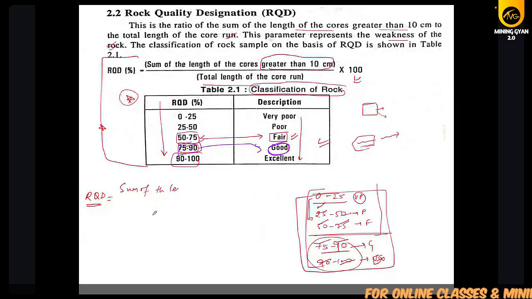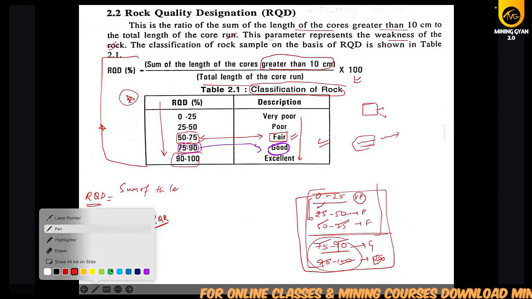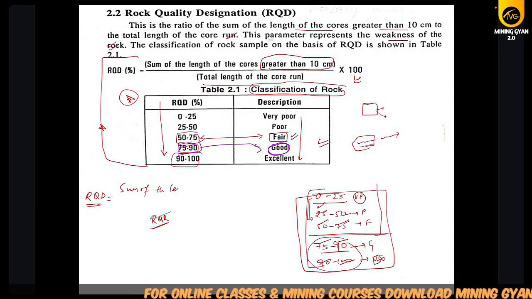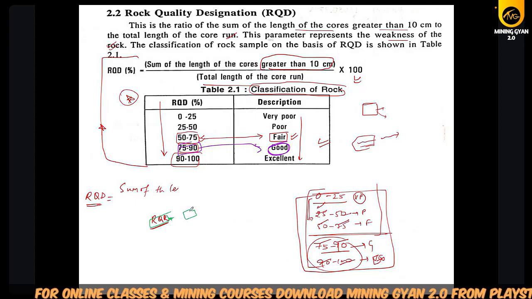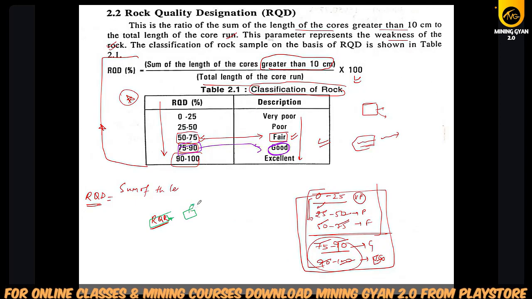Then we had discussed the RQD, rock quality designation. You should remember the RQD. What is the RQD? We take a sample and consider those lengths which are greater than or equal to 10 centimeters.